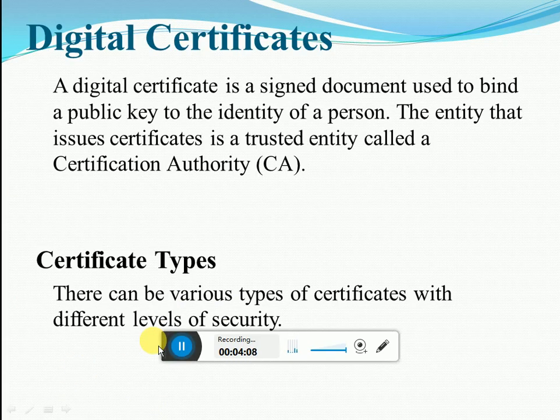The idea of distribution of a public key using a signed document, we call it the digital certificate approach.